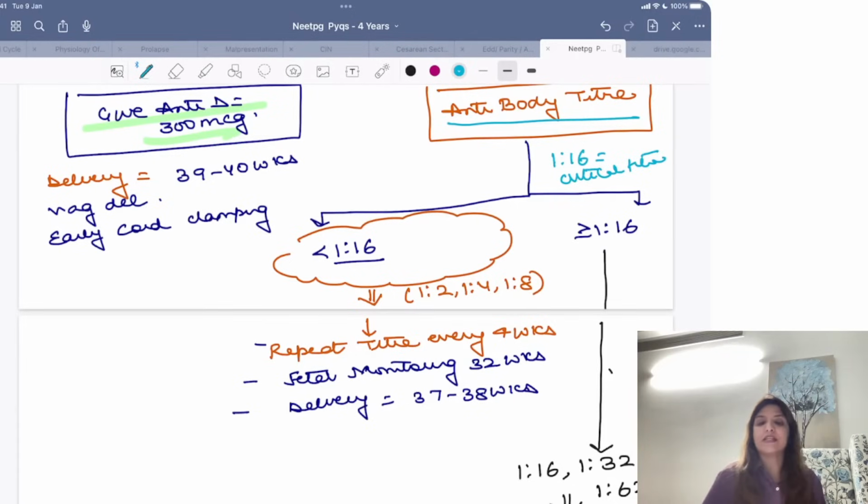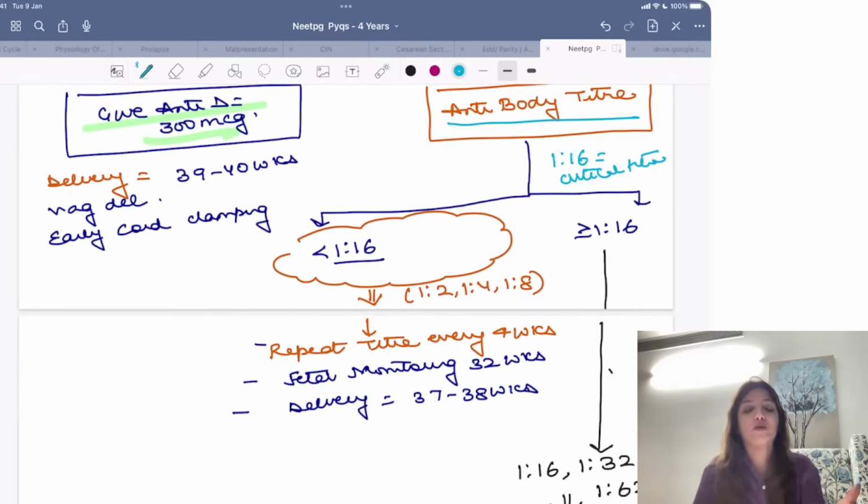Now, if titer is less than 1:16, here you do not have to apply maths. In this case, less than 1:16 means 1:2, 1:4, 1:8, right? So if titer is less than 1:16, that means although antibodies are produced, they will not lead to a lot of hemolysis in the fetus.